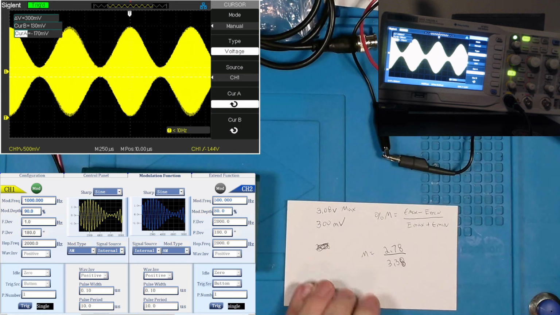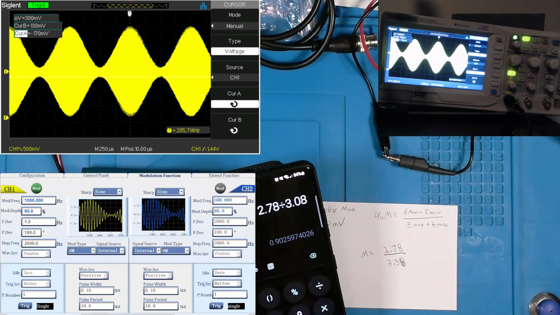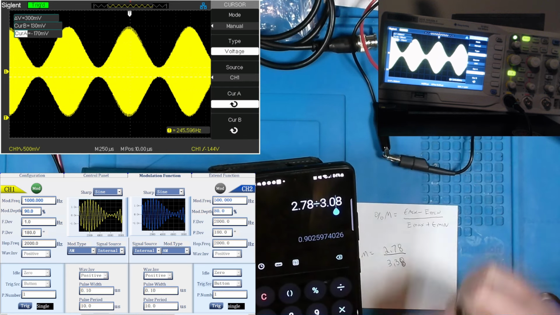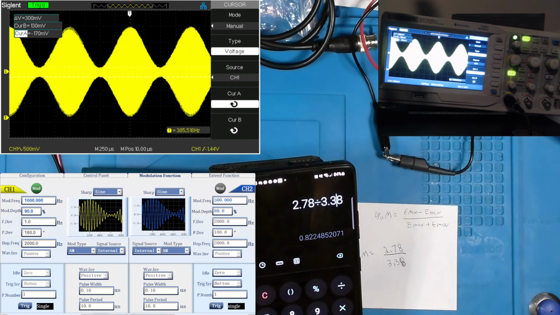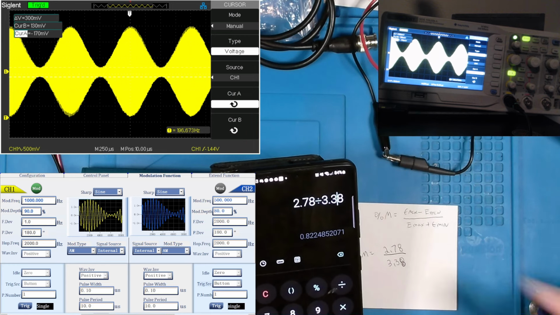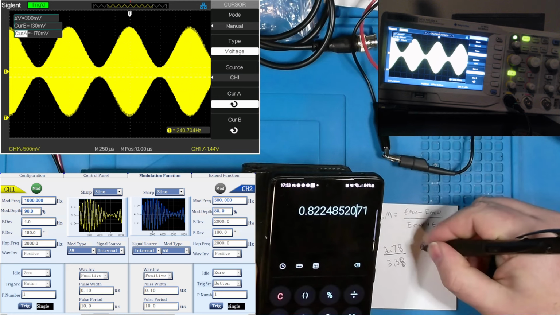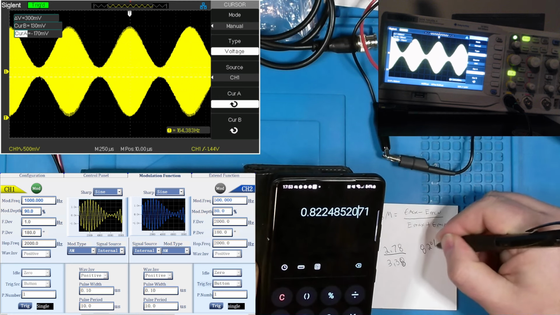I'm going to pull out my calculator for that. And here we go. 2.78 divided by 3. Oh, I forgot a number. 3.38 is 82% modulation.